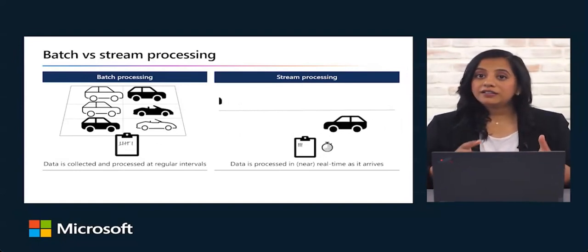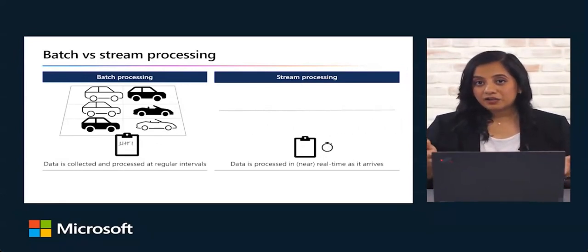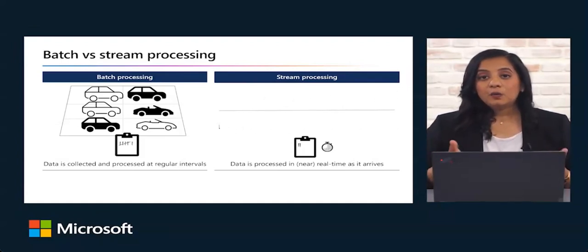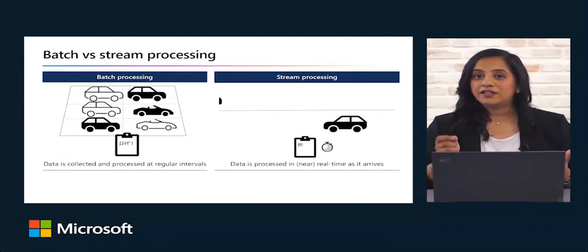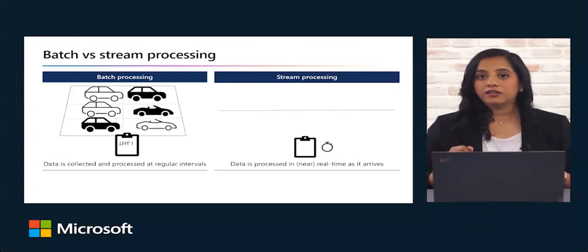Also, the data size for batch processing is suitable for handling large data sets efficiently, while stream processing is intended for individual records or micro batches consisting of very few records.